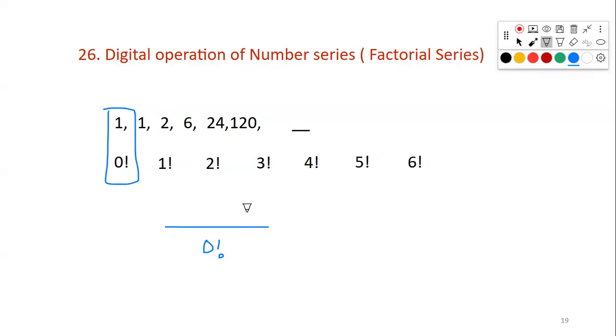It becomes undefined. Especially when you write in the format NCR or NPR, in the denominator, it might end up in 0 factorial sometimes. So 0 factorial is also treated as 1, 1 factorial is also 1.